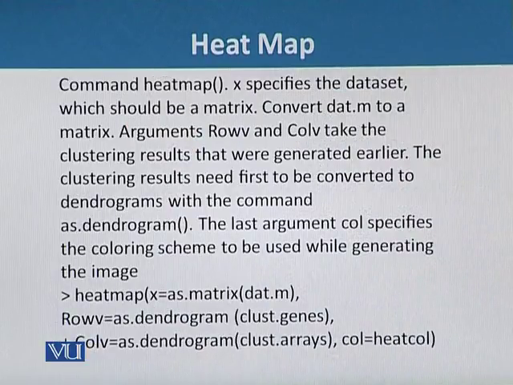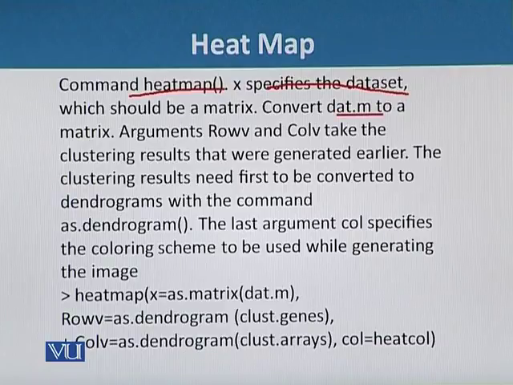With the command heatmap, we can get the heat map clustering and the expression data in one visualization. For this purpose, we need to specify the data set, which should be a matrix, so we convert this normalized data to a matrix. The arguments Rowv and Colv take the clustering results that were generated earlier.